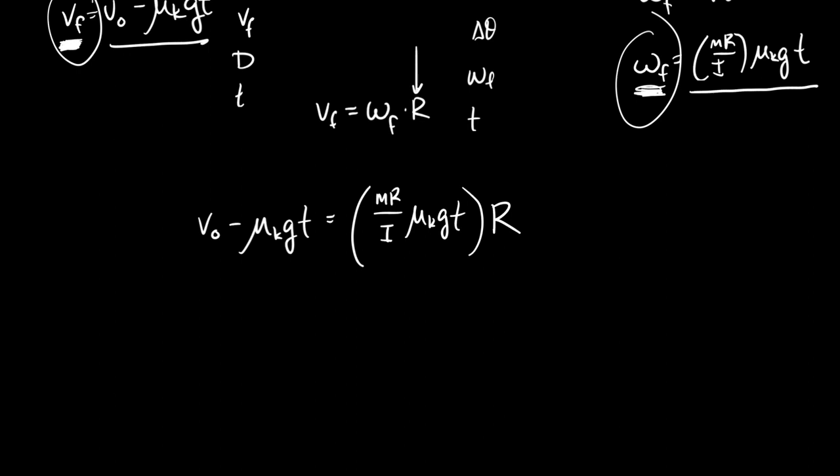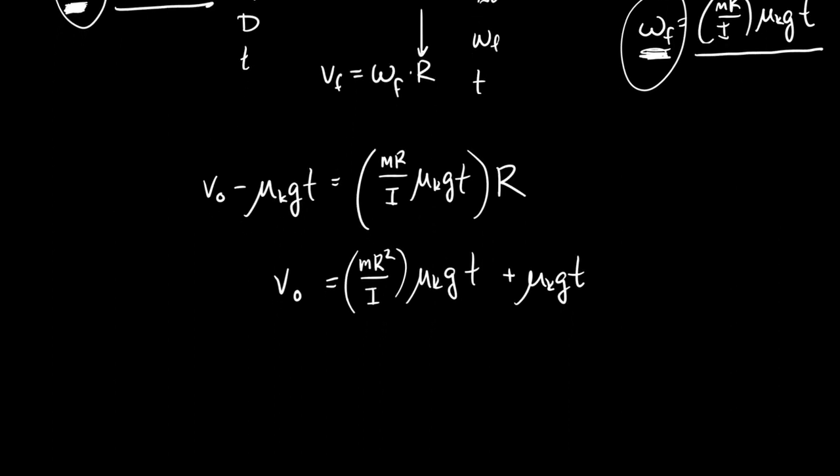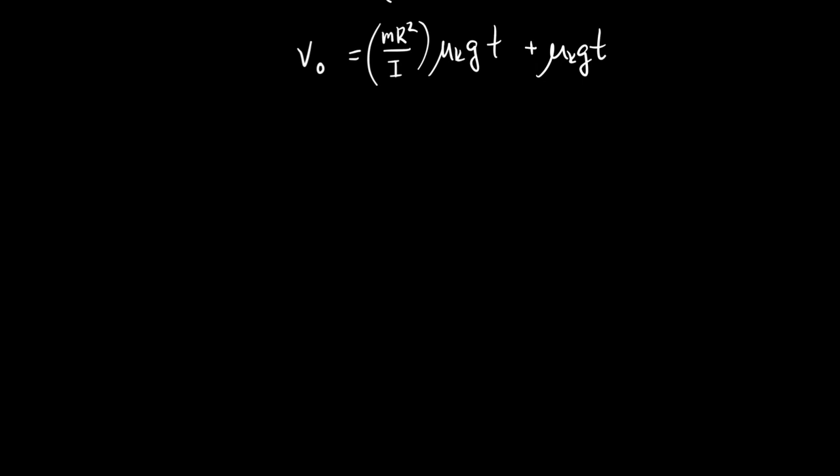Now I'm going to reorganize this a little bit to make it neater. I'm going to put mr squared over I together and get my mu k g t there. I'm going to move this term over to the other side and get plus mu k g t, and leave V naught over there by itself. Everybody all good? Just doing algebra now, cleaning this up, but we're going to try and figure out that time.